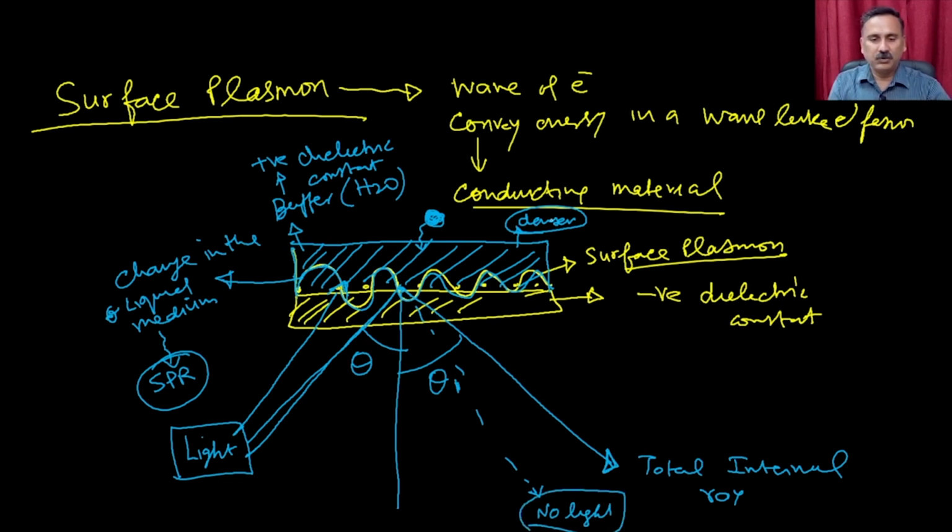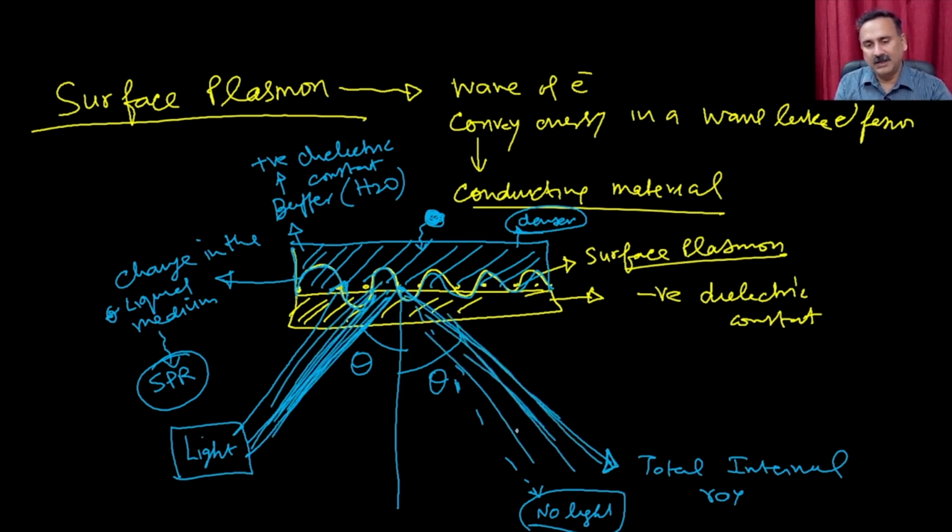If I show you how it looks: if you are illuminating the sample with multiple rays like this, you are going to collect multiple rays like this, right? But in between, there will be an angle at which the reflected ray from the sample does not show you any color.